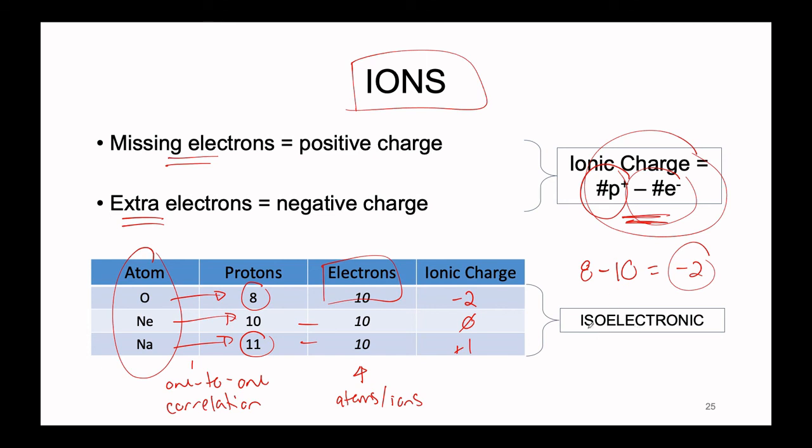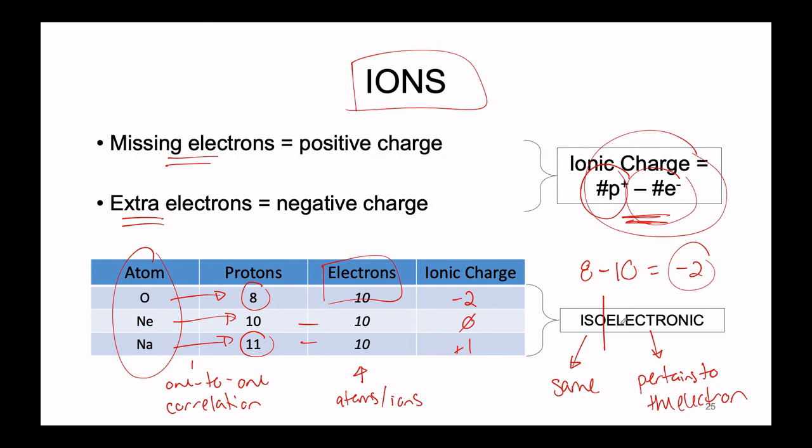What isoelectronic means, if we break down the word, iso means same, electronic means pertains to the electron. Right? Electronic, adjective of the electron, means it has something to do with electrons. So like, for instance, an electronic device like your computer or your phone is electronic because its function depends on the movement of electrons inside of the device.